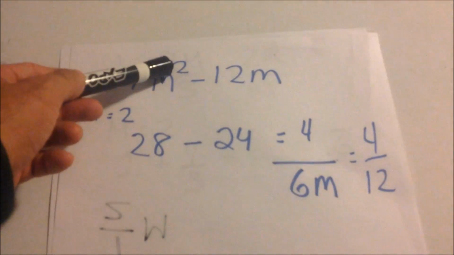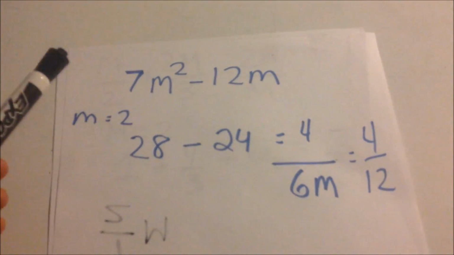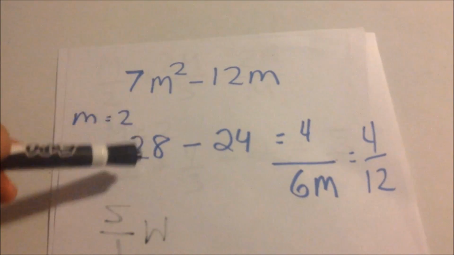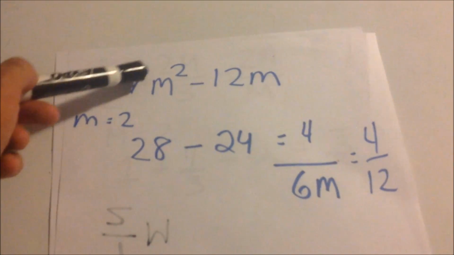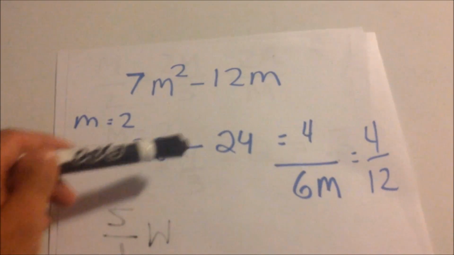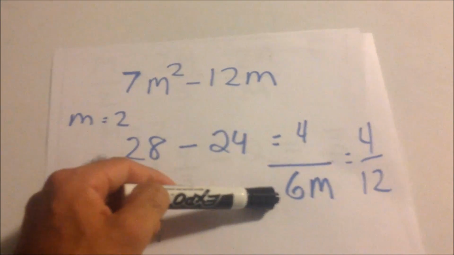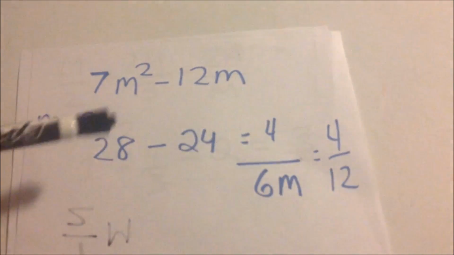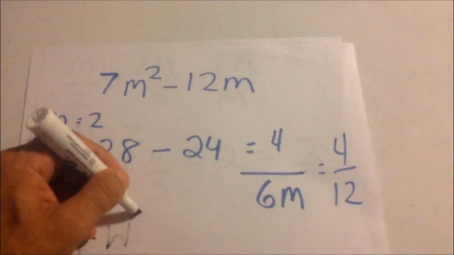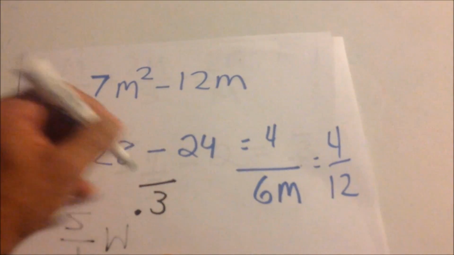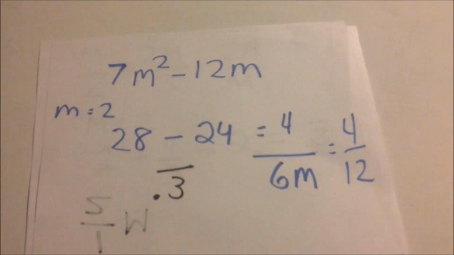We had 7m squared minus 12m. So if we put a 2 in, we're going to have 28, because 2 squared is 4, 7 times 4 is 28. Minus 12 times 2, which is 24, and we get 4. And we brought back the LCM, we get 4 over 12, and 4 over 12 is the same thing, 0.3 repeating. Okay, so that's clearing the fractions.